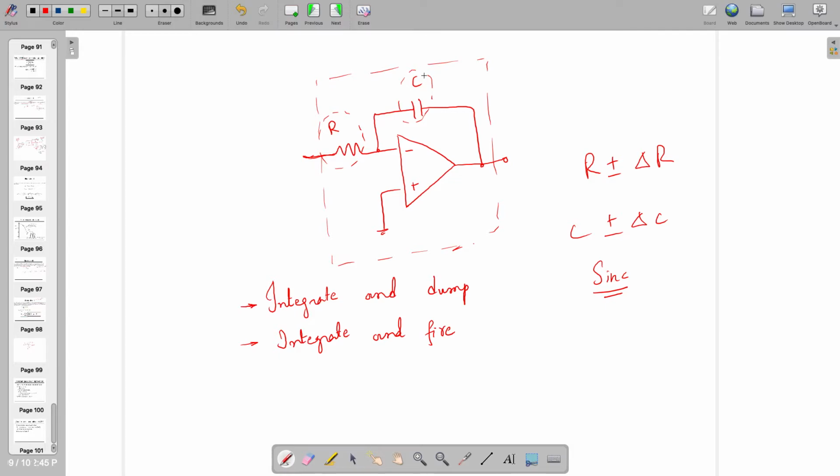So for that we need to fix the value of R and C for a fixed value, right? The best option is that you can choose to change either of them. Fix one. Let's assume that C has been changed by delta C. Now we are going to tune R such that the effective RC time constant will remain the same.